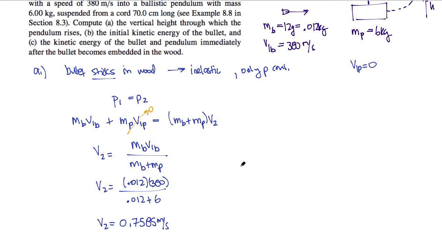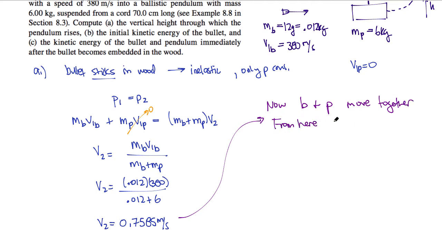Once the bullet and pendulum are embedded together, they move together. Why is that important? From here, energy is conserved.